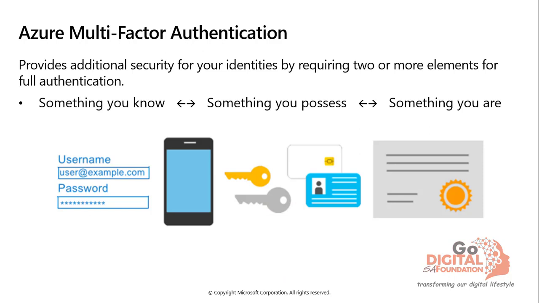Something you possess can be a key, a card, or a token. Something you are could be a biometric element, such as a fingerprint or face scan, and maybe you can use other mobile devices. So multi-factor authentication uses those three things: something you know, something you possess, and something you are, which involves biometrics.